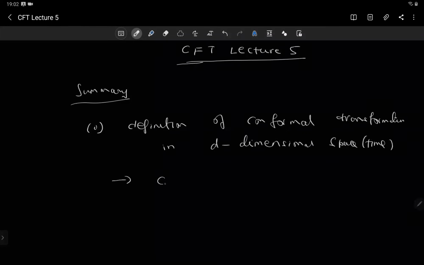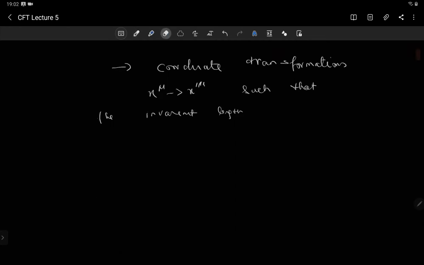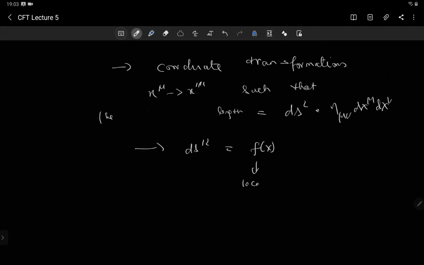These were defined as coordinate transformations x mu to x prime mu such that the length, which is defined as ds square equal to eta mu nu dx mu dx nu, goes to ds prime square, which is some local scale factor times the same.